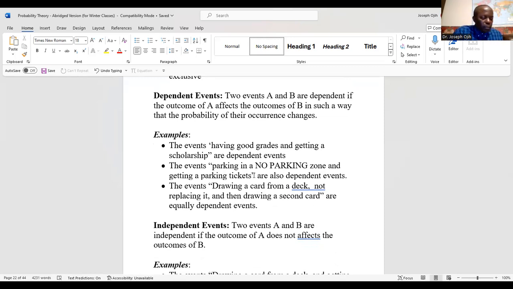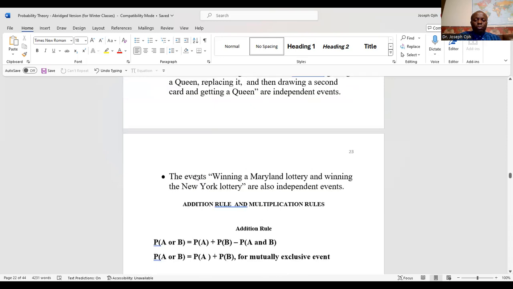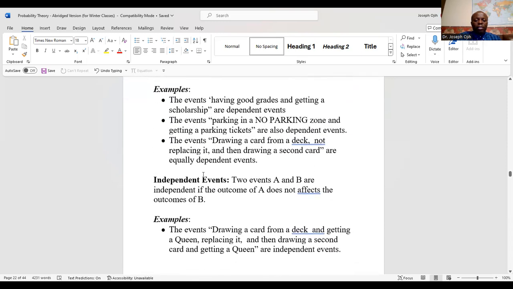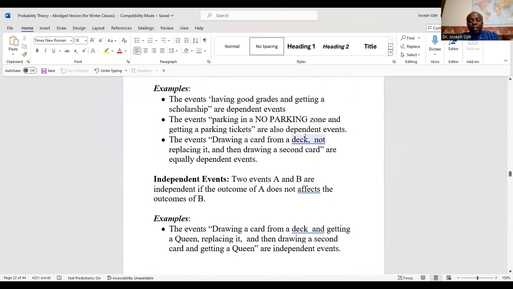A deck of cards has 52 cards. If you draw a card and don't replace it, it is no longer 52, it's now 51, and that affects the probability when you calculate it. So drawing a card without replacing it, then drawing a second card, are dependent events. Another way of saying it is that sampling without replacement is a dependent event.